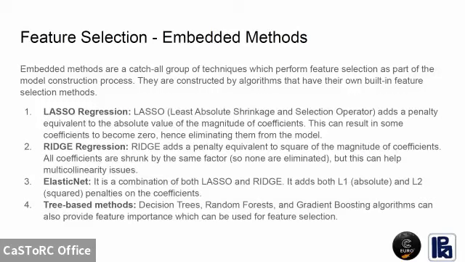Then you have the embedded methods, which are a more or less automatic way, a group of techniques which perform the feature selection as part of the model construction. For example, machine learning models, especially neural networks, do this automatically. You can apply Lasso regression, which stands for least absolute shrinkage and selection operator.